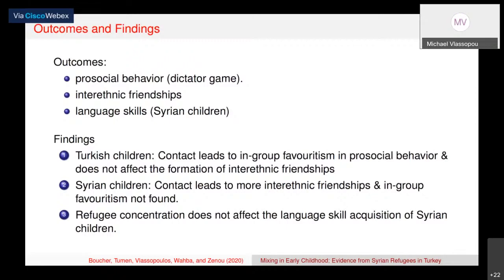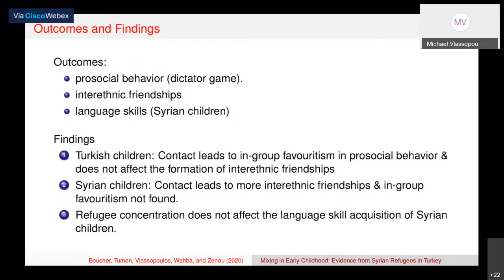We're also going to look at the tendency for the children to form interethnic friendships. That's going to be another outcome we're interested in. And also we're going to have measures of language skills acquisition during the course of the summer camp. And this is going to be a relevant outcome for the Syrian children.